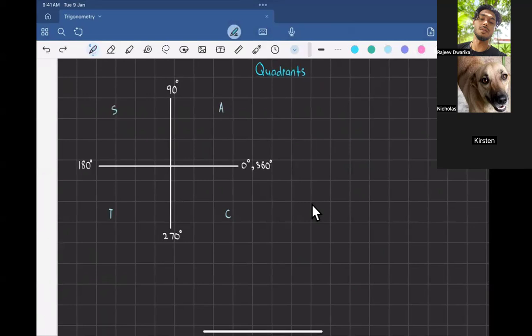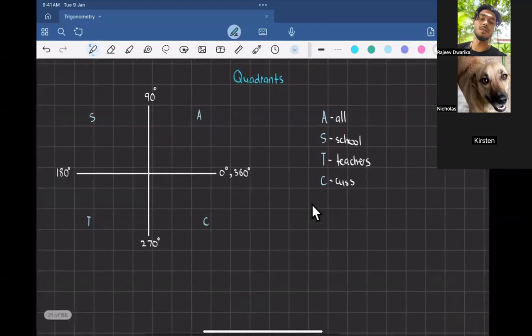Right. So let me look at what the A stands for. You can remember it like this. All School Teachers Cuss. So the A means that everything is positive.